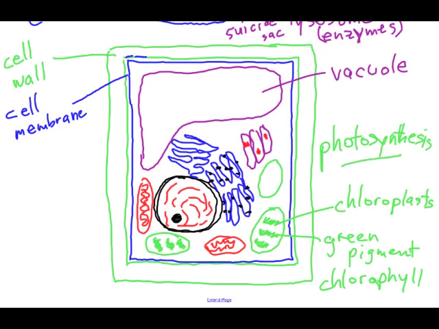Okay, and this is a process very unique only to plant cells. This is how they're able to take in the sun's rays. So here's our sun. They take in the sun's rays, using the chlorophyll within the chloroplasts to produce glucose, which is very important for the plant.